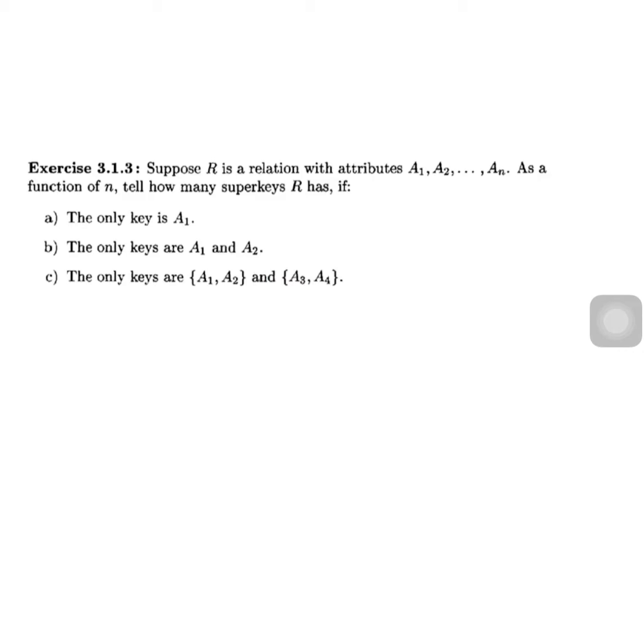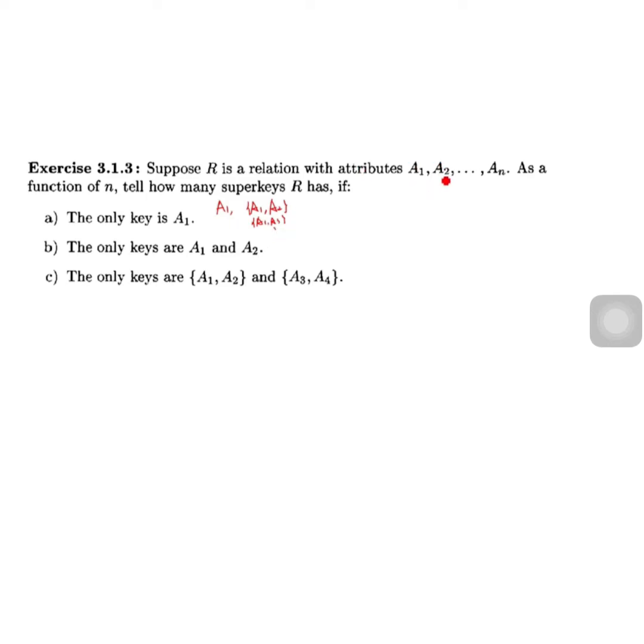Because A1 is the only key, a superkey is a superset of A1. A1 is a superset. A1, A2 is a superset. A1, A3 is a superset.